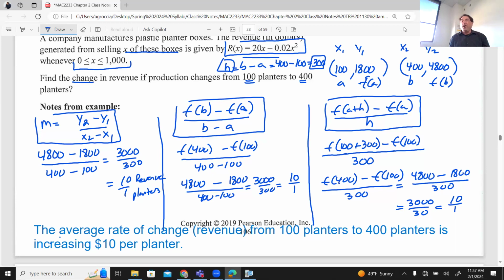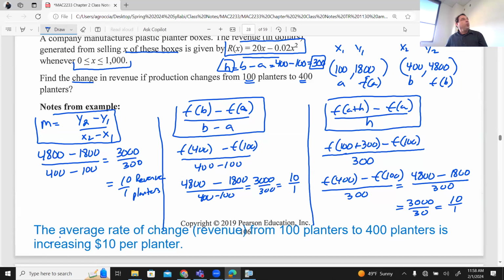The difference of all of these: the first one is what you're used to, x1, y1, x2, y2. But basically, we're going from 100 to 400. The second one is very similar, going from 100 to 400. The third one looks weird. Instead of going from 100 to 400, they're now saying this thing h.